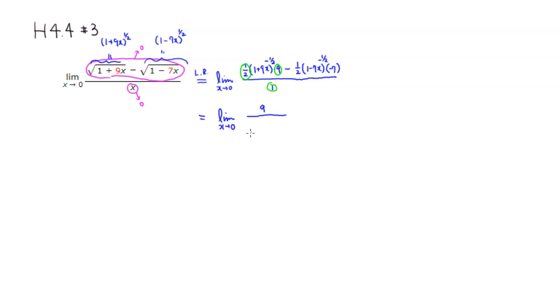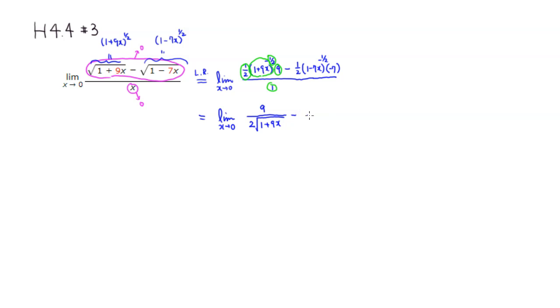Then you have a negative power with the 1 plus 9x, so I'm going to put the 1 plus 9x on the bottom. Then we have a 1/2 power, so I'm going to put the square root there.